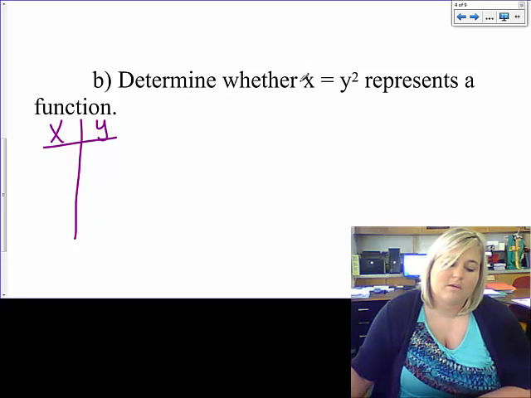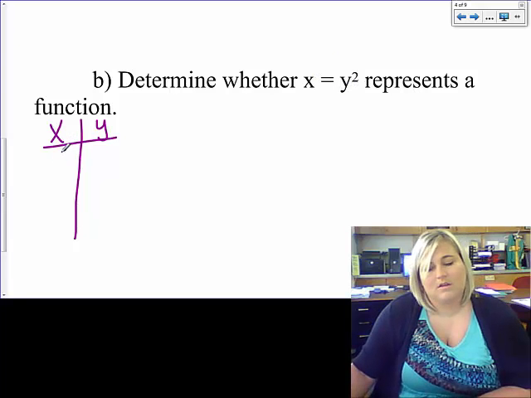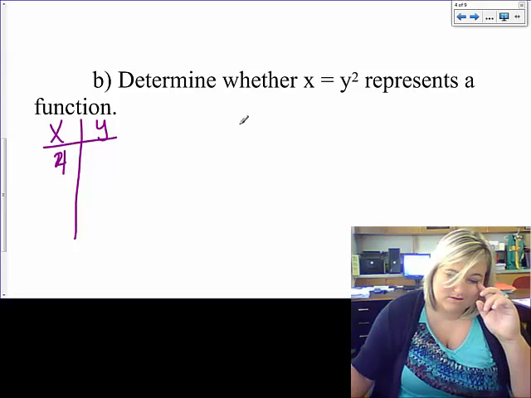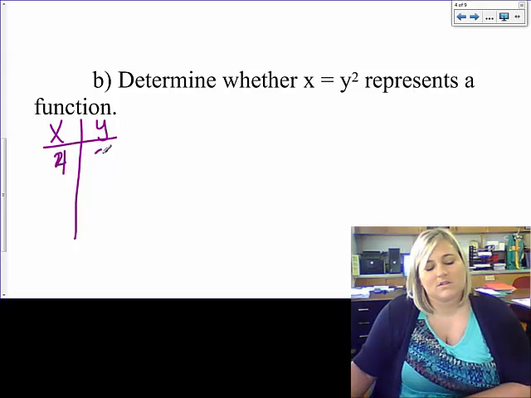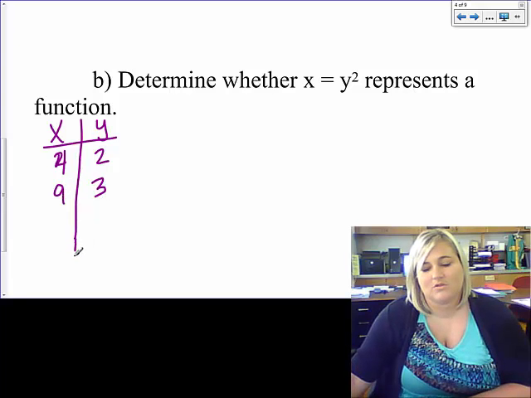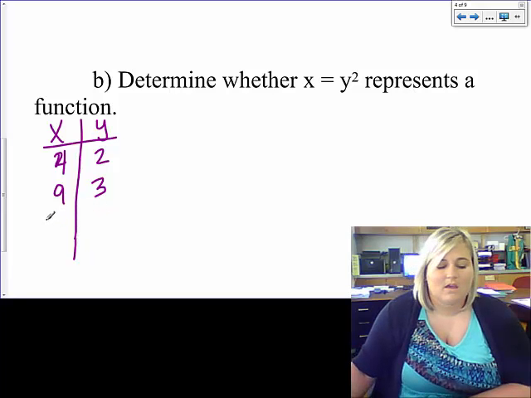So for something to be able to square and get x, if I want x to be 4, that y would have to be 2. Another one would be 9, y would have to be 3. Another one, if I have 16, we have to have 4. We could keep going in this pattern, of course.